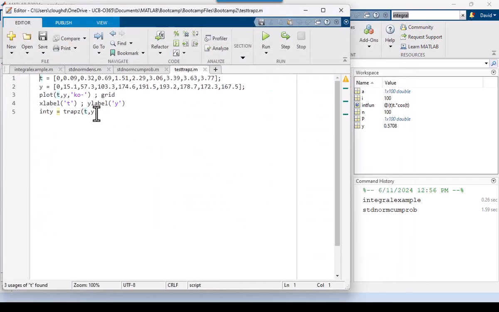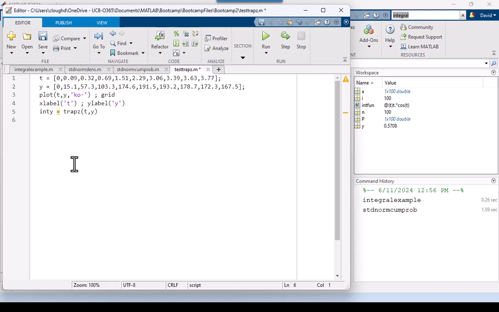Again, not too many statements, but they would be a bit tedious to enter because of the data we're entering. So we have a set of data of a value y versus a value t, and we want to estimate the area under that curve.